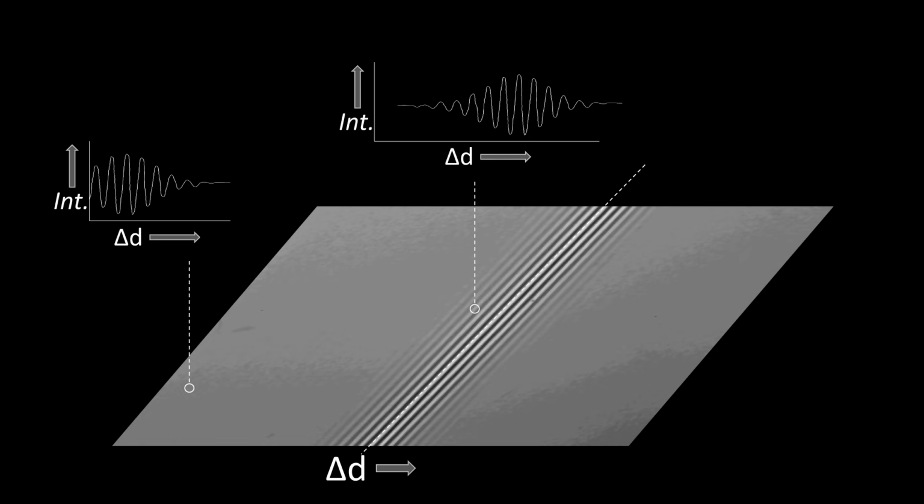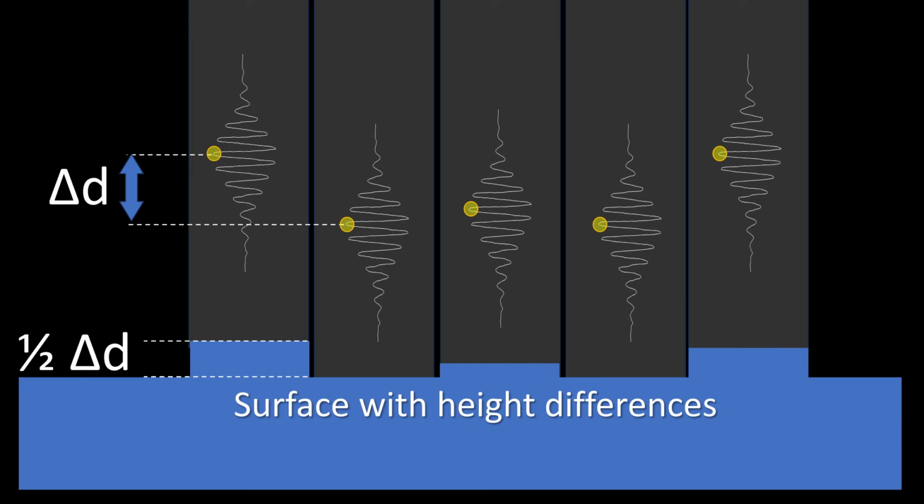But in every pixel of the camera we can also observe an intensity variation as a function of distance while we are performing the scan, which is displayed in these little graphs that show the pixel intensity as a function of delta D. So by taking a specific feature of this pattern, for example the position of the highest intensity value observed in the pixel, we can relate the value of delta D to the height for every single pixel. So this is the essence of how a coherence scanning interferometer works, by monitoring the intensity in the interference pattern as a function of distance for every single pixel.